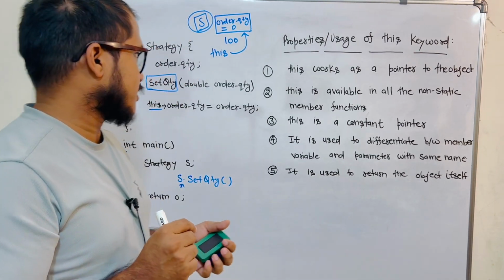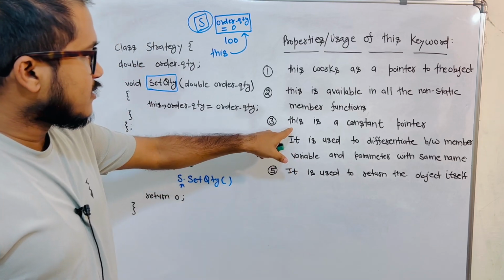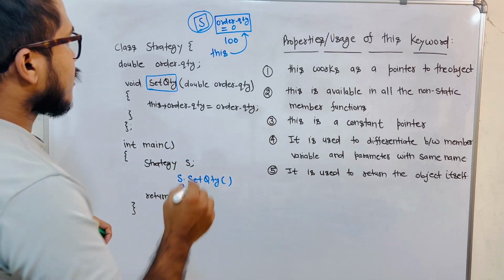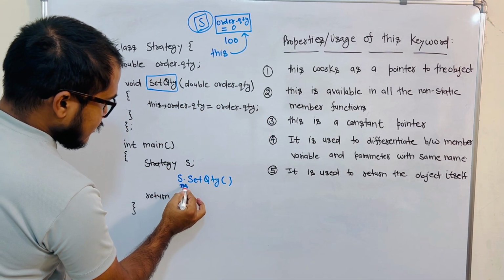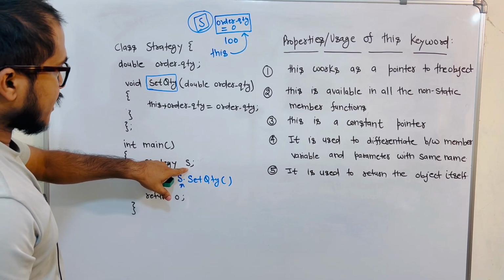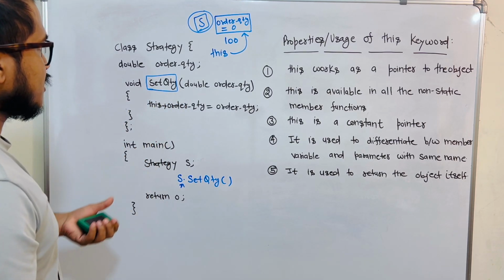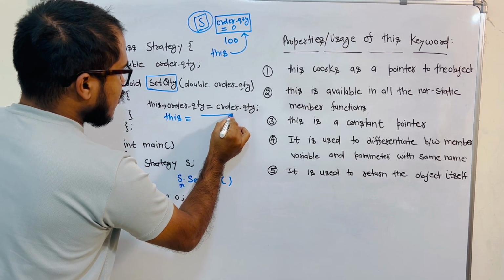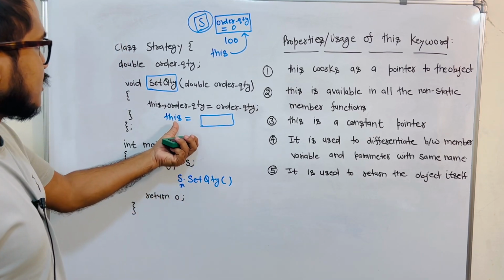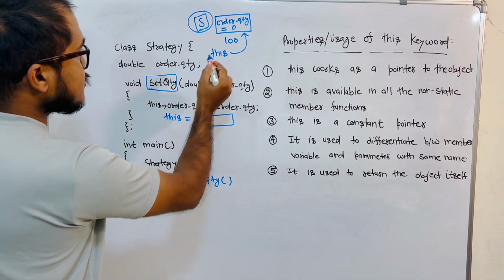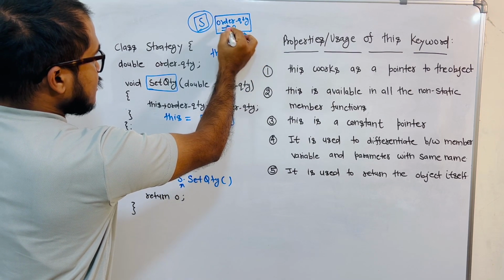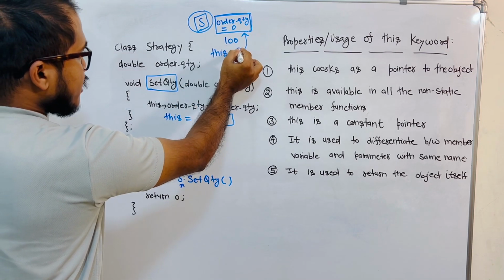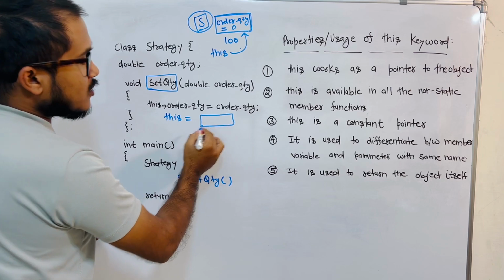If I talk about the next point, then the point is this is a constant pointer. So basically what is the meaning of this? Let's say I am calling the set quantity function using this object S, and inside this set quantity function, if I try to do this equal to address of some other object apart from S, this is not allowed. As of now, this is pointing to this particular object S, and here I am saying that please don't point to this particular object, instead point to some other object.